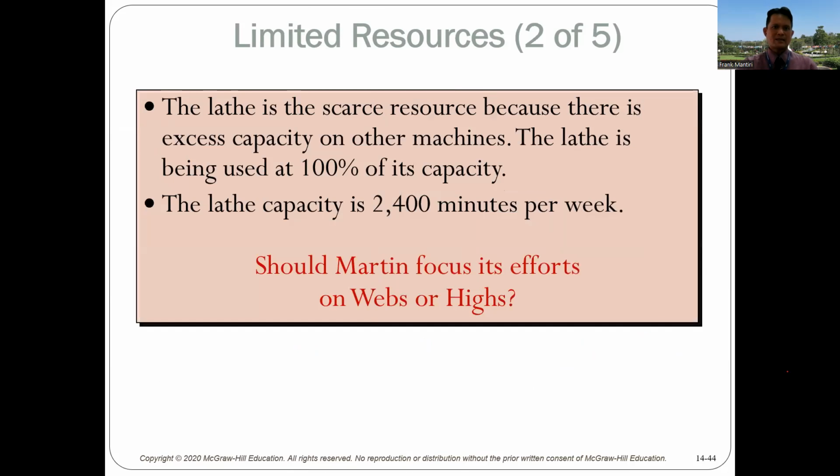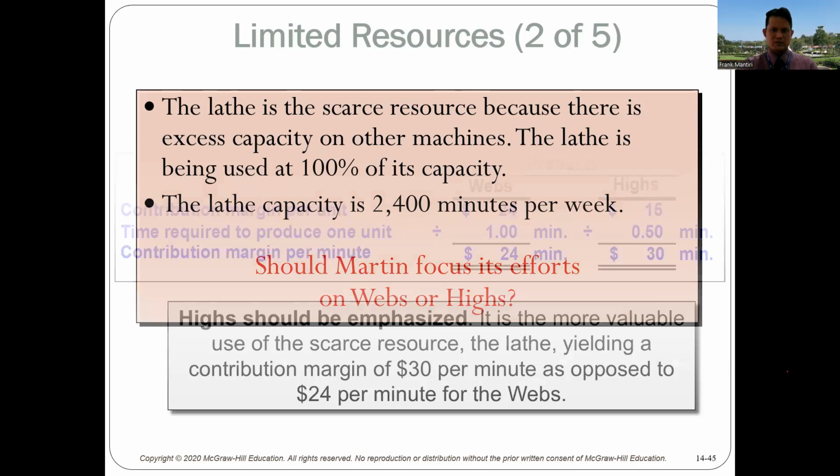So the lathe is the scarce resource because there is excess capacity on other machines. The lathe is being used at 100% of its capacity. Now the lathe capacity in this case is 2,400 minutes per week. The question being asked: should Martin focus its efforts on webs or on highs? Okay, based on this information, we will see.